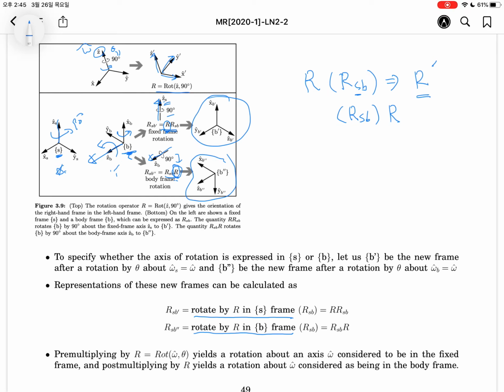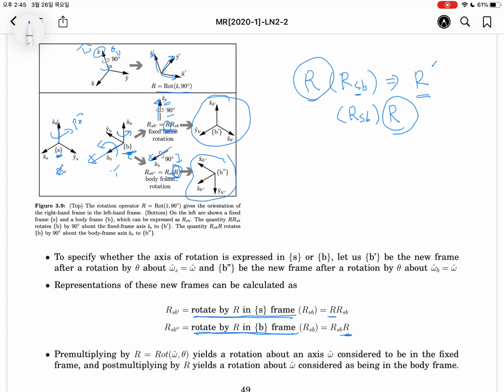Okay, the pre-multiplication and the post-multiplication will produce very different results. So the pre-multiplication will produce rotation by R in the S frame. The post-multiplication implies the rotation by R in the B frame.